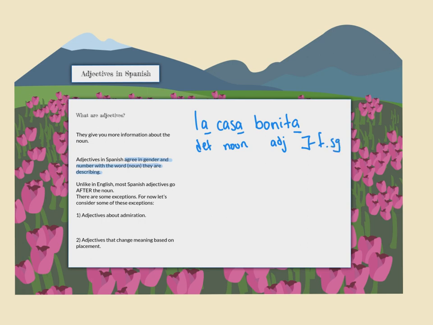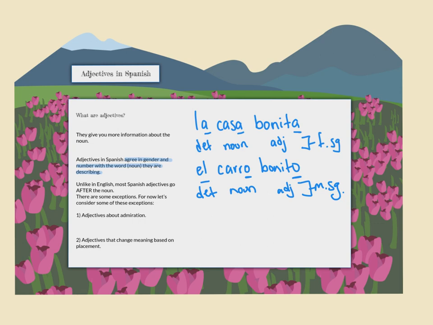Okay? So if I had a masculine noun, such as, for instance, el carro, which is a car, el carro bonito. Again, notice that you have the determiner, the noun, and the adjective all matching up to be masculine and singular.